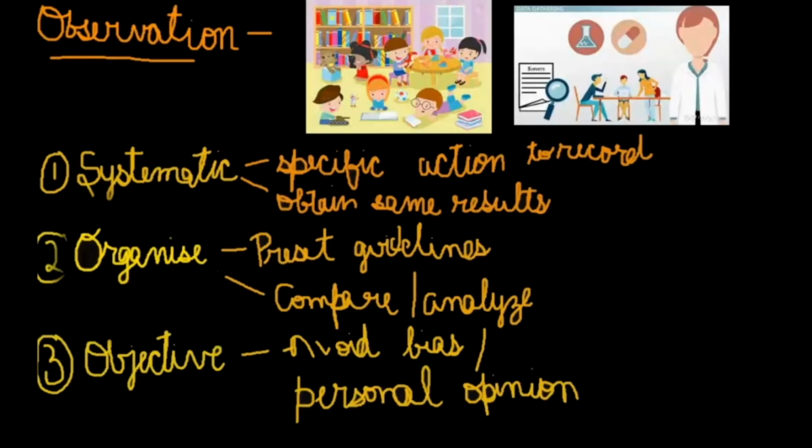All right. The third important aspect in observational method is objectivity. Observation should be as objective as possible in order to avoid bias. The objective is that the observer should seek to record simply what they see without offering any opinion.